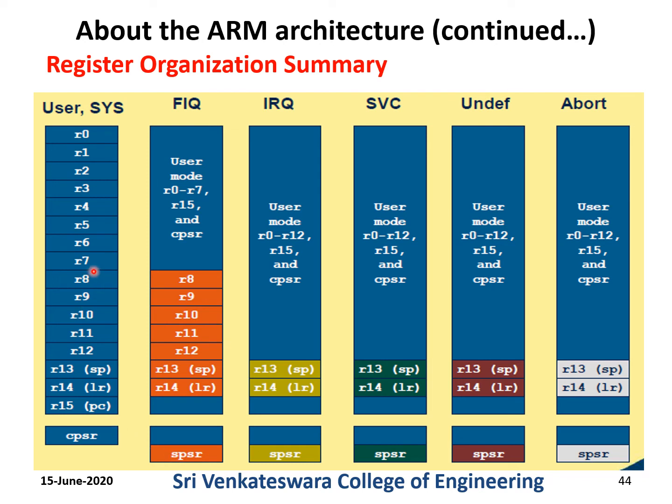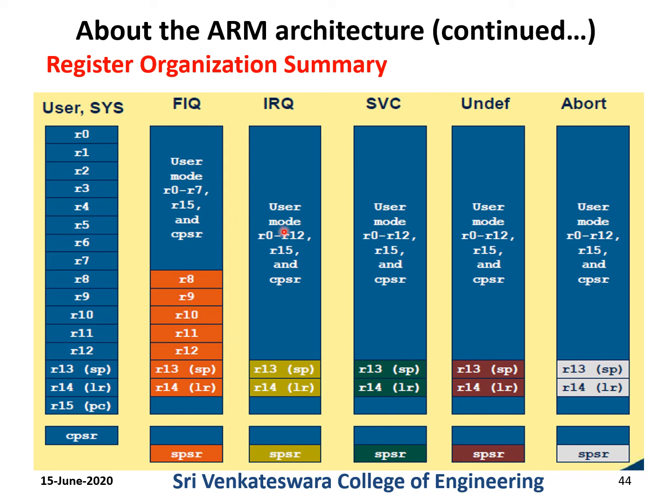So when the processor switches from user mode to fast interrupt request mode, the CPSR content is copied into the corresponding SPSR register. Suppose the processor enters IRQ mode from user mode, the CPSR content in user mode will be copied to the SPSR register in the IRQ mode. So this is how the registers are used.